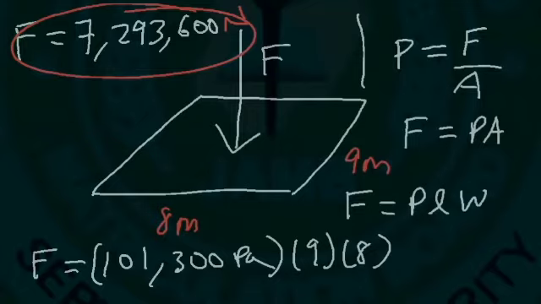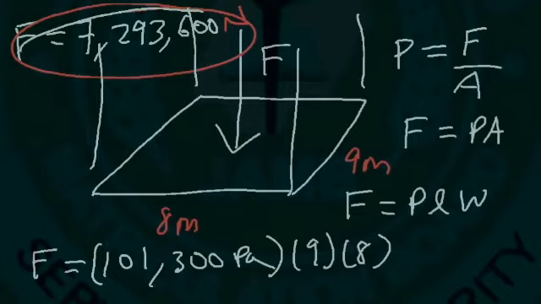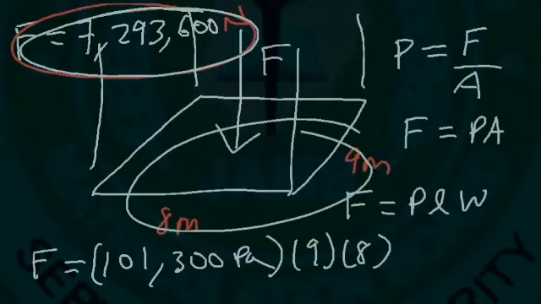So all of the molecules, imagine if this was one big vertical column that extended from the ground to outer space. The weight of all of the molecules in this vertical column is equal to this force right here. So that's the weight of the atmosphere above this surface, from the Earth to outer space.